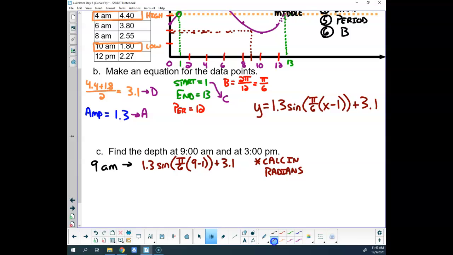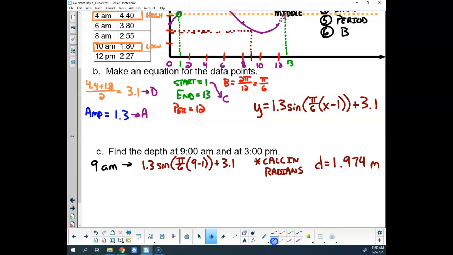No, it must not like that. Okay. Times the sine of pi divided by 6, close parentheses, times 8, close parentheses, plus 3.1. I get 1.974. Agree? Yes?